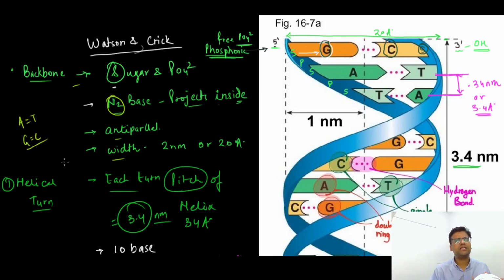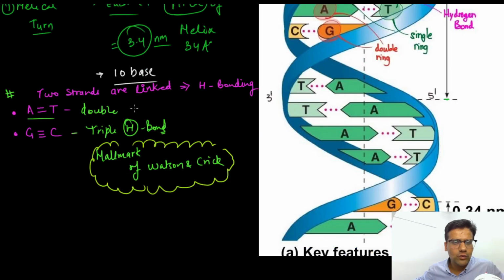All these were already known before Watson and Crick gave the three-dimensional structure of DNA. What was not known is that these two strands are linked to each other by hydrogen bonding. This is what we call the hallmark of Watson and Crick. This is the structure given by Watson and Crick.